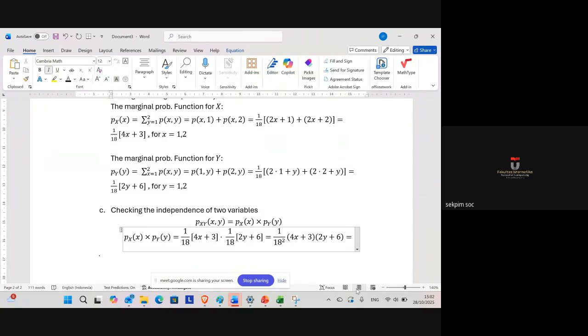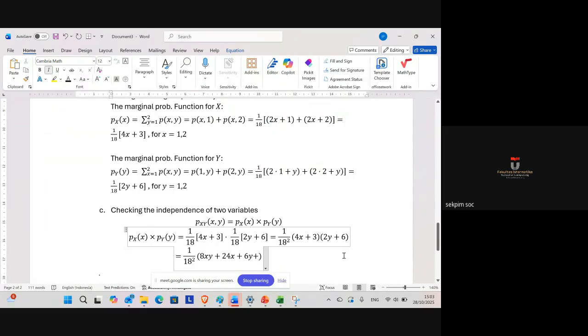And we know that this is 1 over 18 squared. So we get 8xy, 8xy, right? Plus 24x plus 6y, 6y plus 3 times 6 is 18, right?